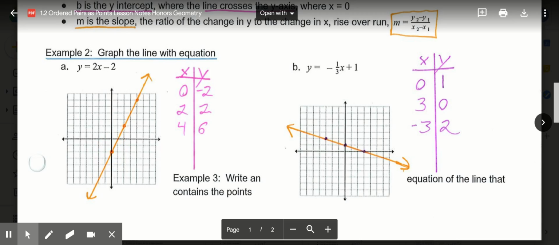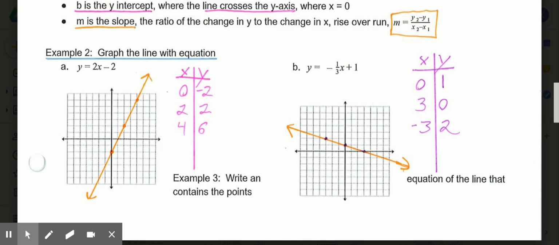Our slope is +2, or 2 over 1. So from the -2, I could go up 2, right 1. Then my next point would be up 2, right 1. Next point, up 2, right 1, and so on. So that's another way that you could do this graphing without creating the t-table.